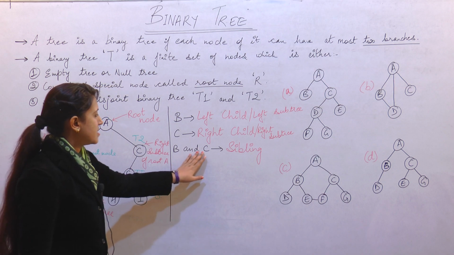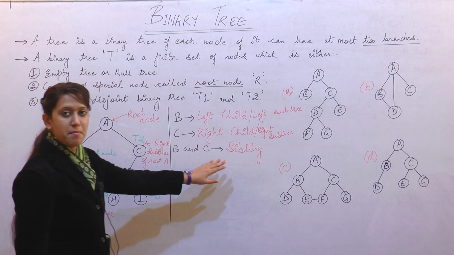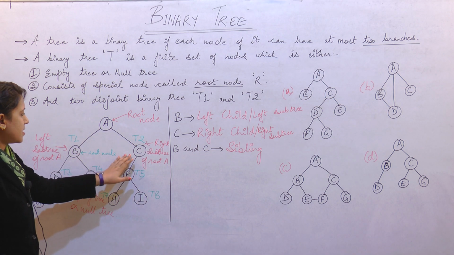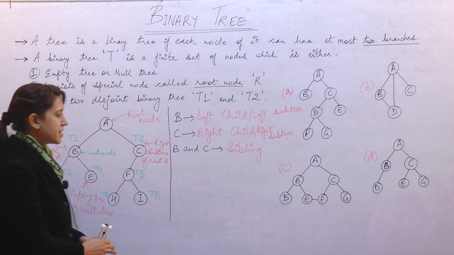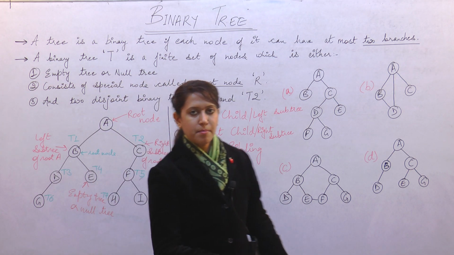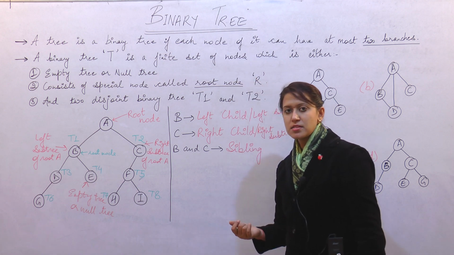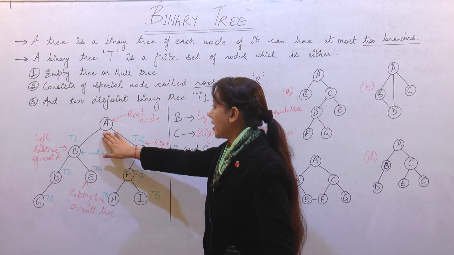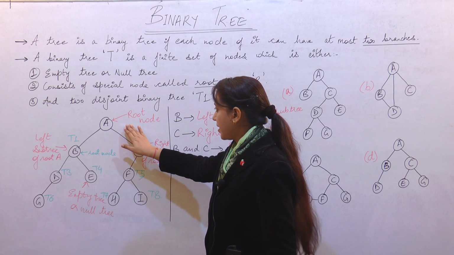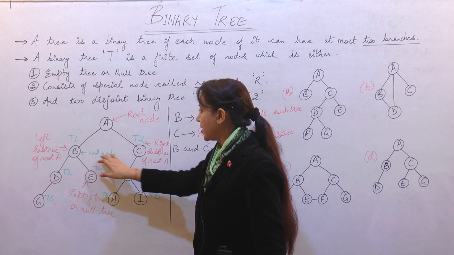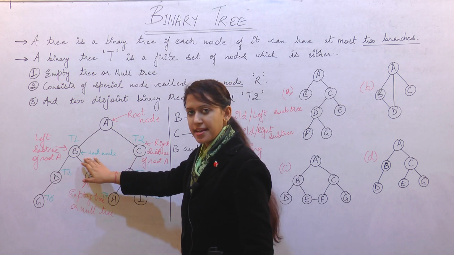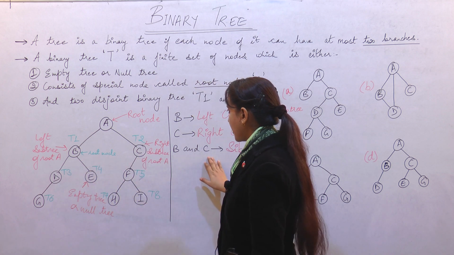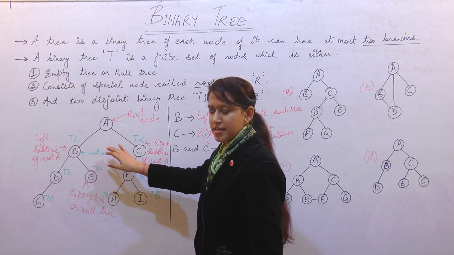Now here B and C are siblings of each other. We are taking it as sibling because sibling means children of one parent. So here A is the root node and A has two children B and C. That's why we are taking B and C as siblings and A as their parent.